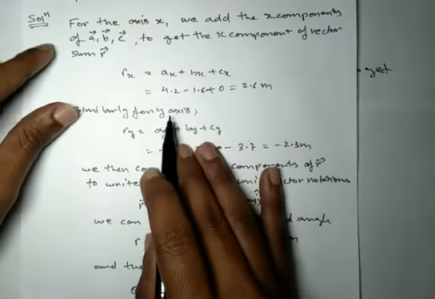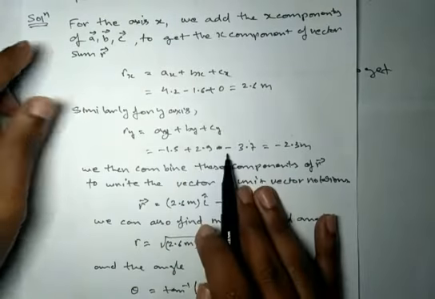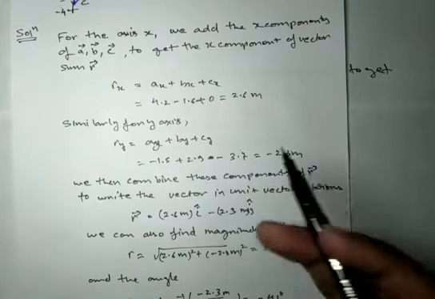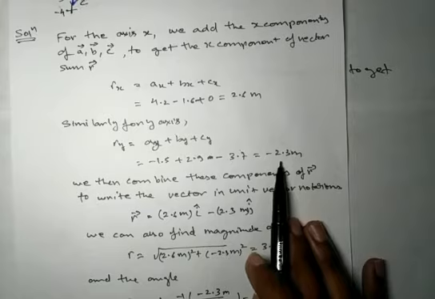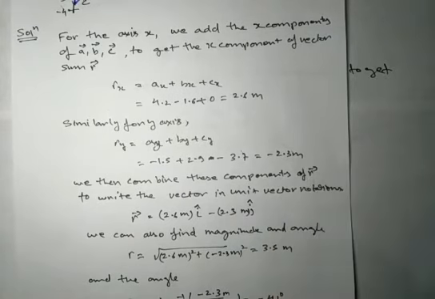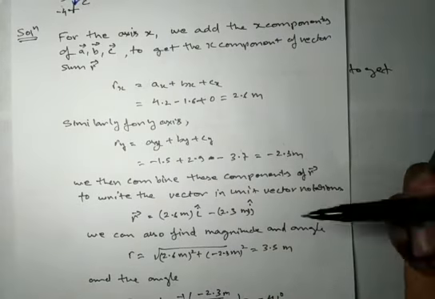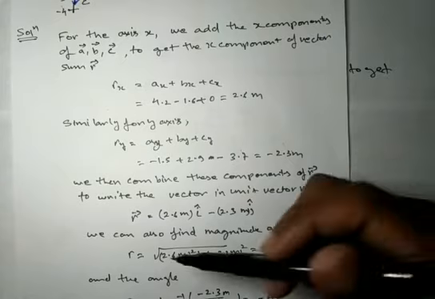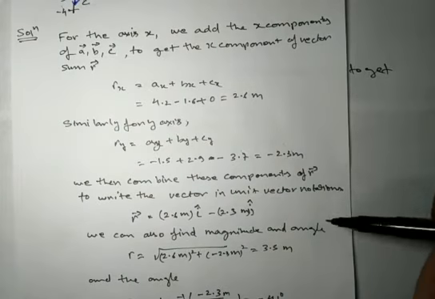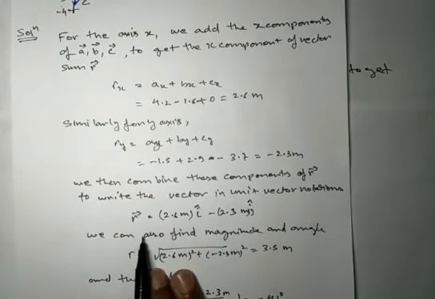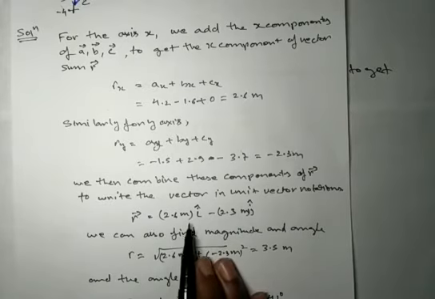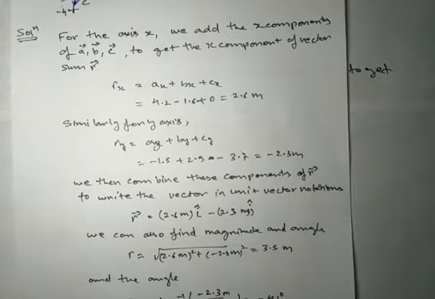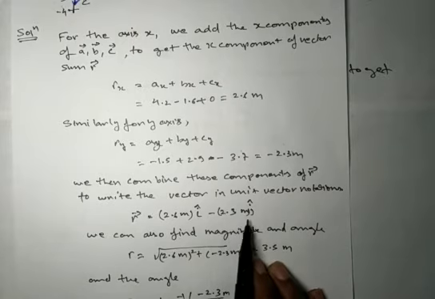Similarly, for the y component of vector r, by putting all the values of ay, by, and cy, we get negative 2.3 meter. We then combine these components of vector r to write the vector in unit vector notation, so vector r equals 2.6 meter i cap minus 2.3 meter j cap.